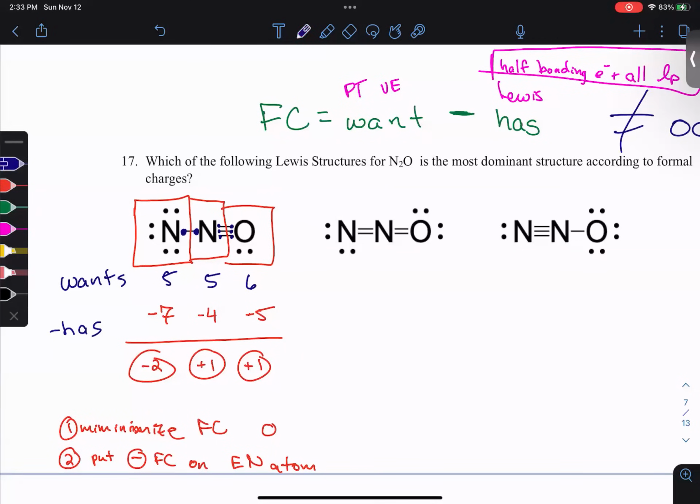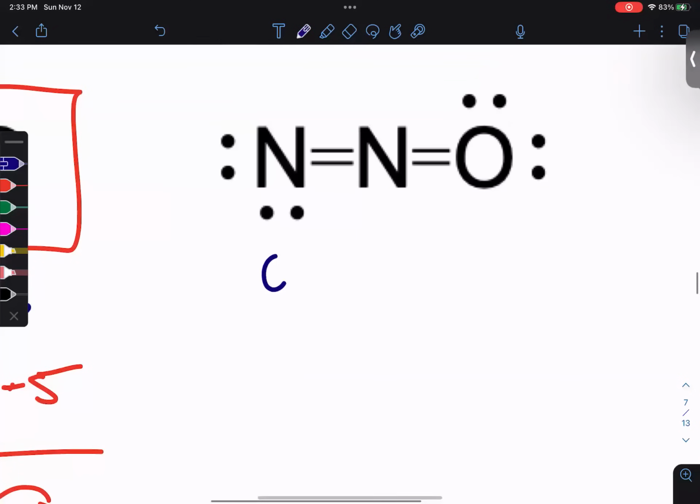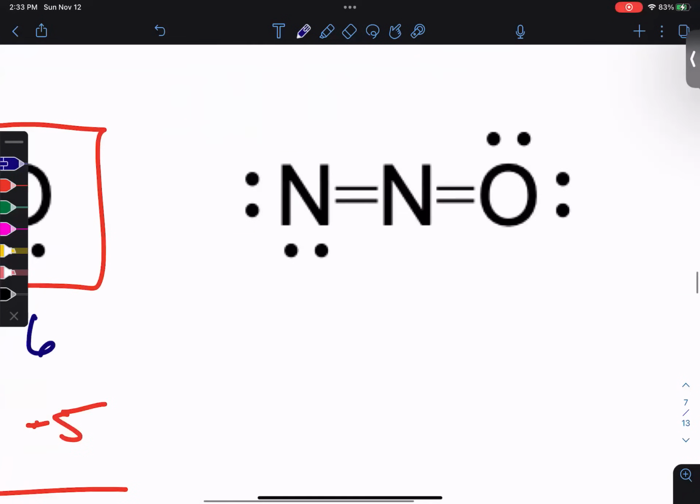All right, so let's do wants minus has. So wants, again, just comes from the periodic table. Nitrogen typically wants 5 valence electrons. Oxygen wants 6. How many electrons are assigned to this nitrogen atom? 6, yes, again, because we want to split those electrons in half that are in that chemical bond, so that nitrogen has 6.